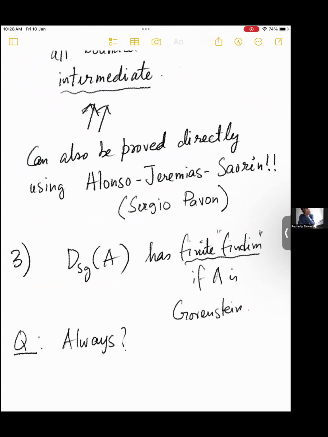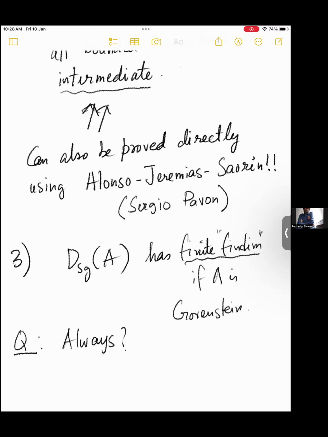Let's say it is a measure of smallness. It's a way to measure how small a category is. If you know that a category has to be really small, you can imagine that that category must have finite finitistic dimension. The singularity category does not fall in this class of categories that can be naively thought of as being small for some reason.